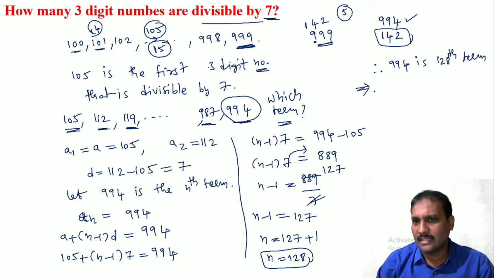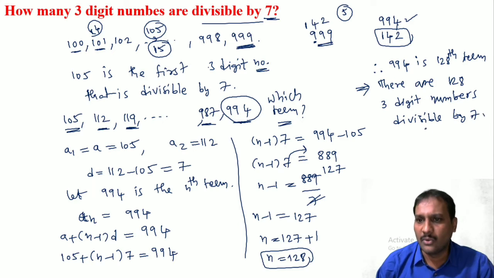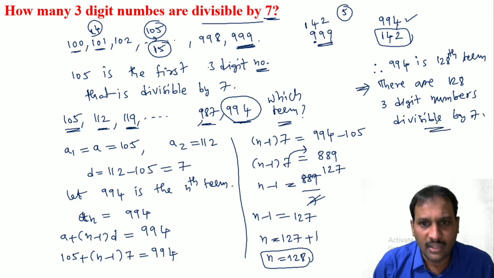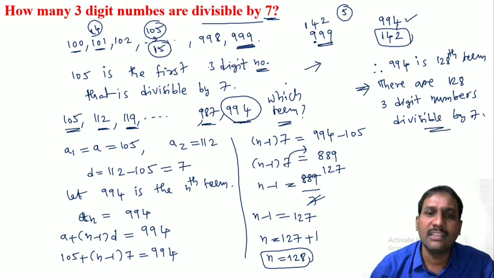That implies there are how many 3-digit numbers? There are 128 3-digit numbers that are divisible by 7. So this is how you have to convert all the problems into arithmetic progressions, and you have to solve the problems.